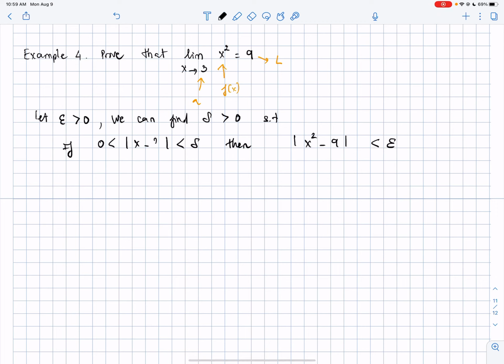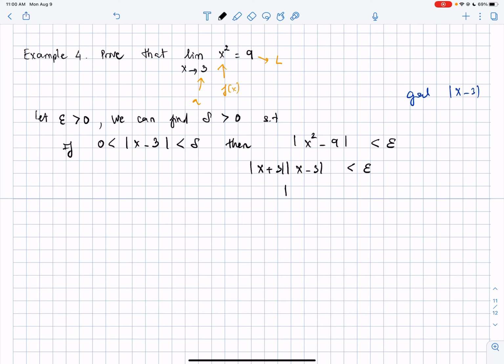So let's plug in 3 in here. We notice that our goal is to get the x minus 3 to be up here, okay? Now let's factor this. So we have absolute value of x plus 3 times absolute value of x minus 3 less than epsilon.